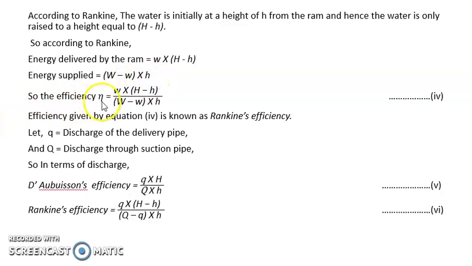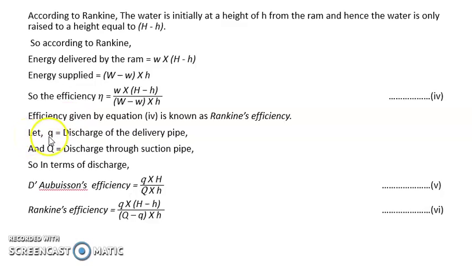So the efficiency is equal to small w into (capital H minus small h) divided by (capital W minus small w) into small h. This is equation number 4, and the efficiency given by equation number 4 is known as Rankine's efficiency.